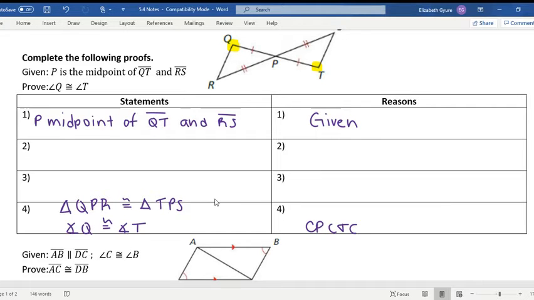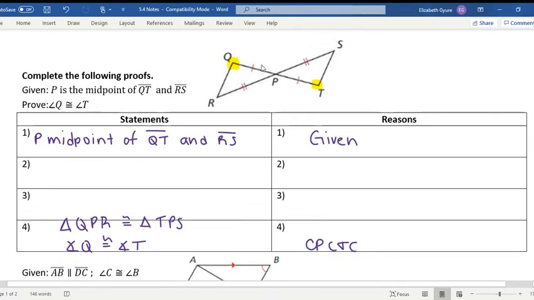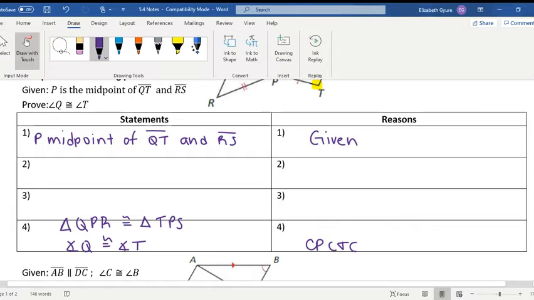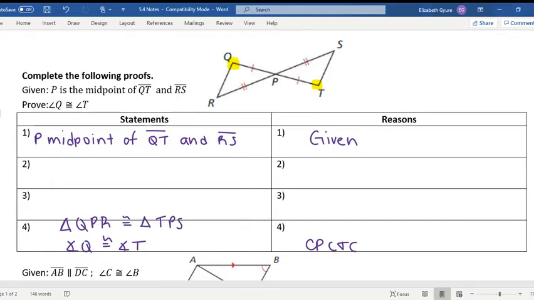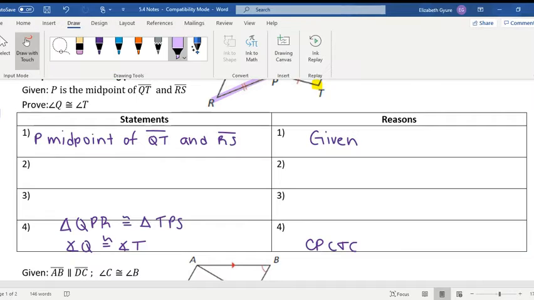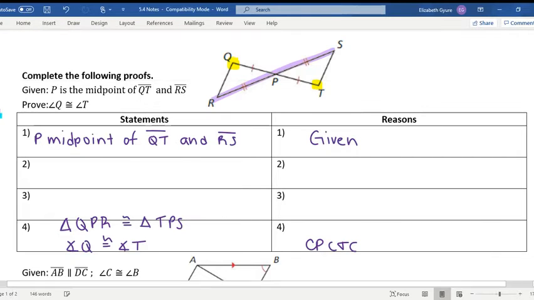So now we're going to approach this the exact same way we did in 5.3. You're not given any freebies, so let's look at your given. P is the midpoint of QT and RS. So if we have a midpoint here, what is a midpoint going to do to either of these two segments?